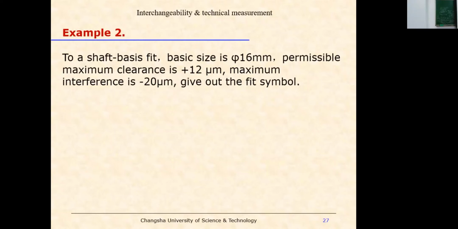The range is -1 to -10. And you should calculate the maximum experience and maximum experience.